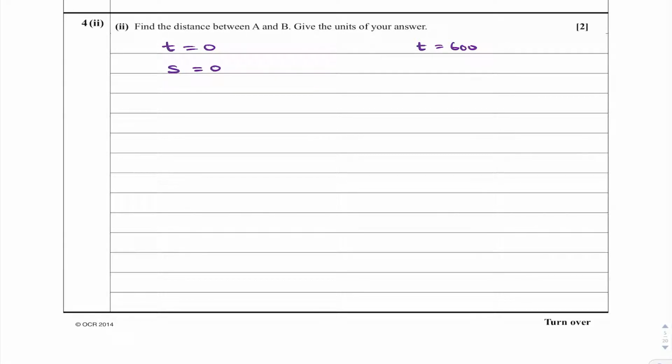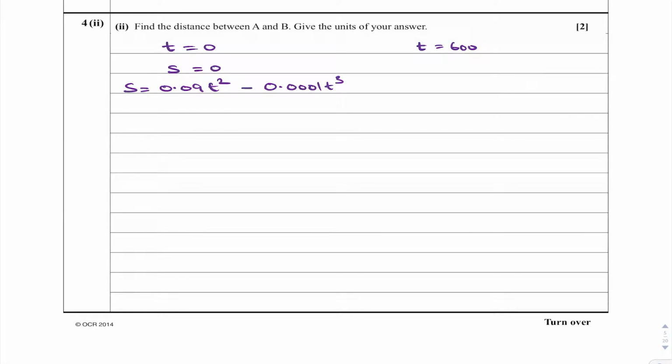From the formula, s equals 0.09 t squared minus 0.0001 t cubed. If I substitute t into the equation, I get s equal to 0.